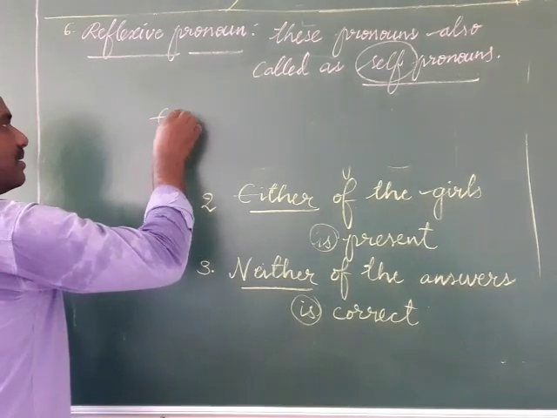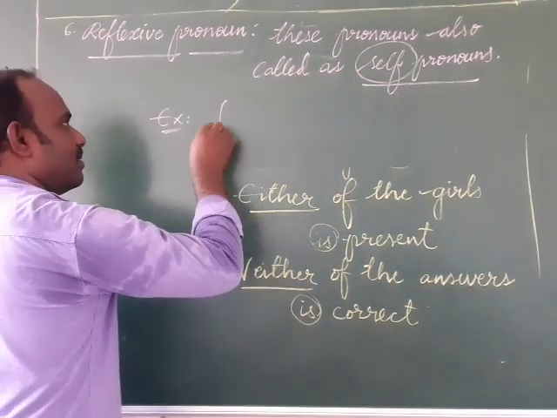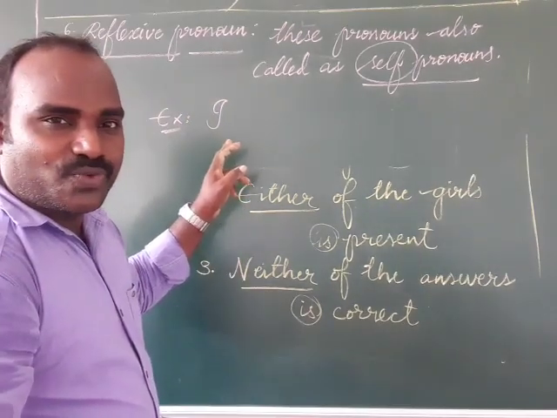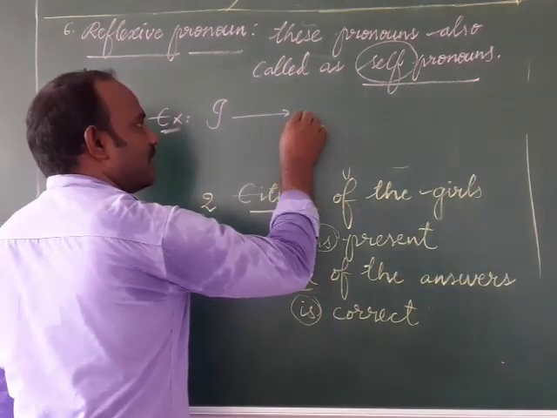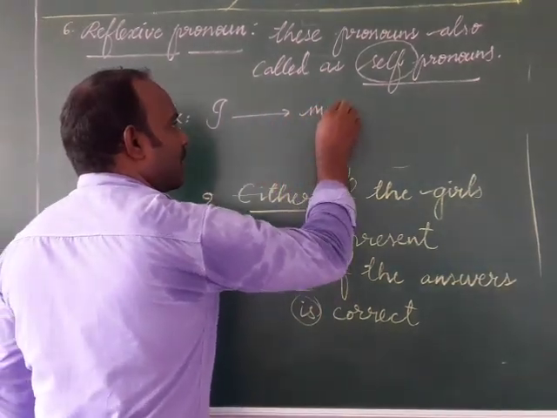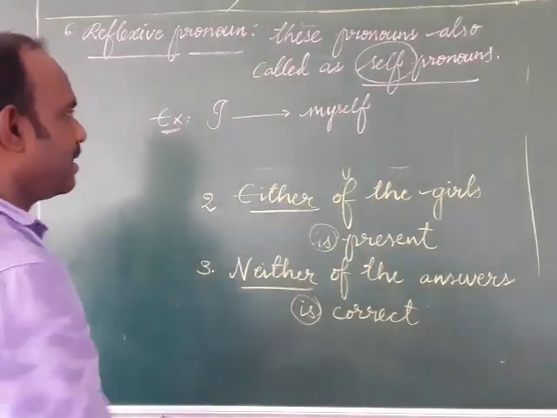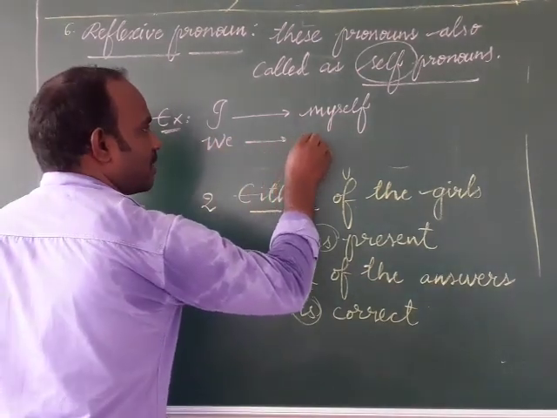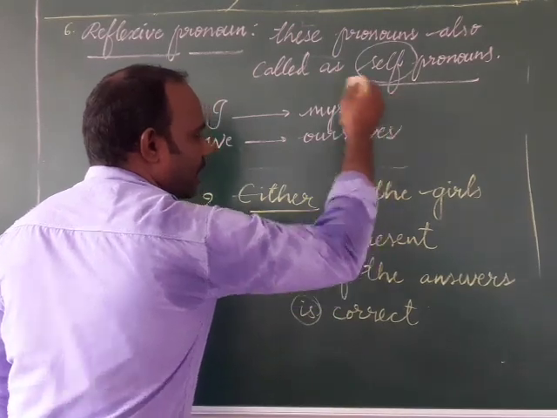Examples for reflexive pronouns. See, I is the personal pronoun, first person singular, subjective pronoun. Myself. We, ourselves.